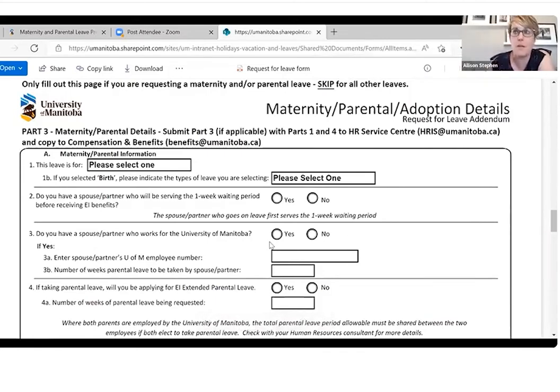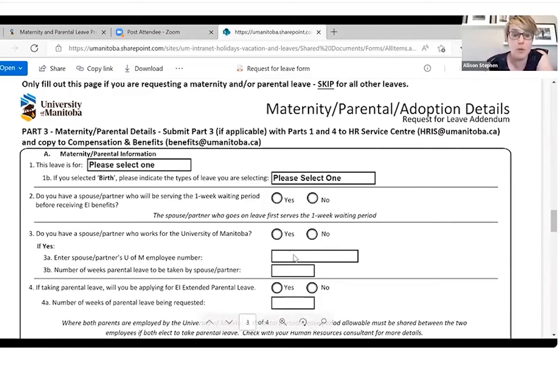But if the other parent is the only one who's entitled to EI benefits, then they may serve the waiting period themselves, because the woman giving birth would not be claiming EI if she's not eligible or if she's self-employed or something like that. So the spouse or partner who goes on leave first serves the 1 week waiting period, or if the mother is not applying for EI, then it would be the other parent.